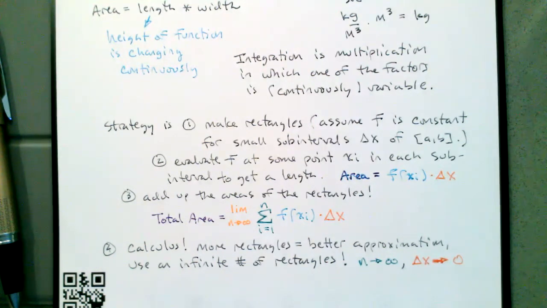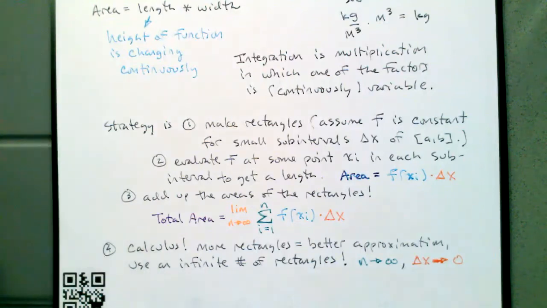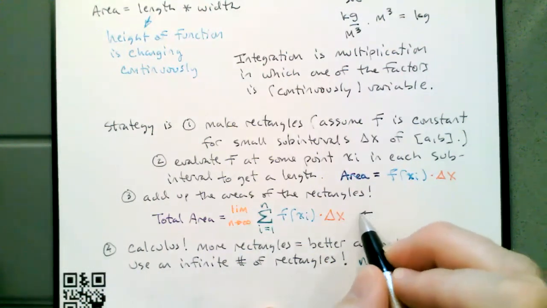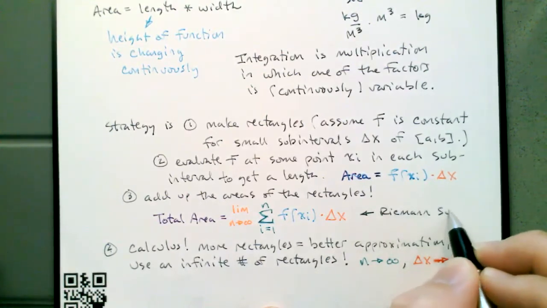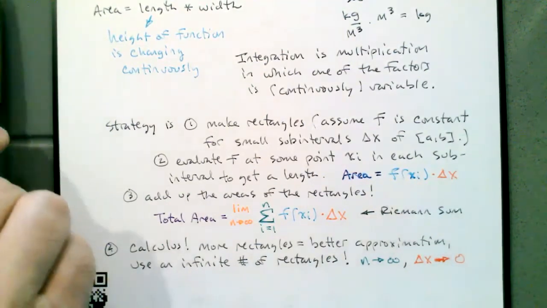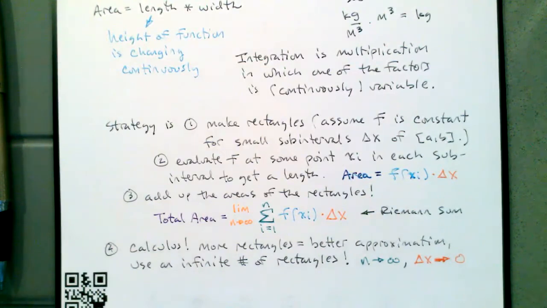And this is an expression that is called a Riemann sum. This is the strategy that we've been developing this week. I want area to be length times width, but that only works if length is going to be constant.